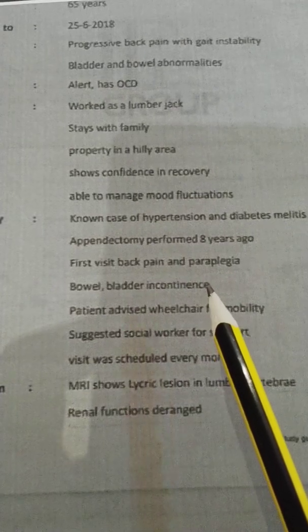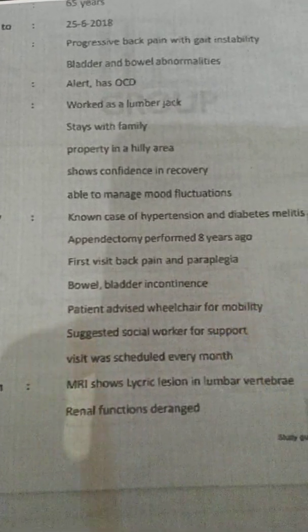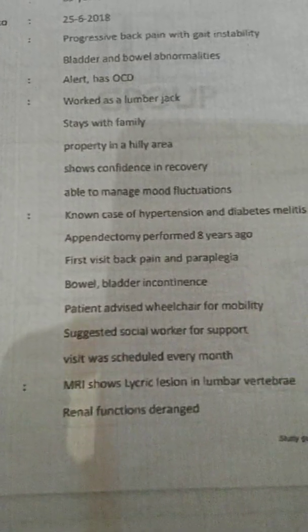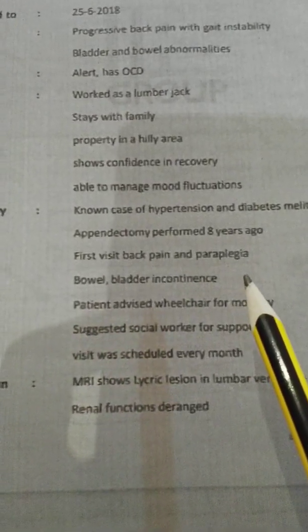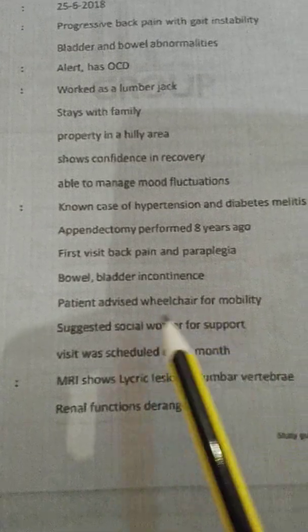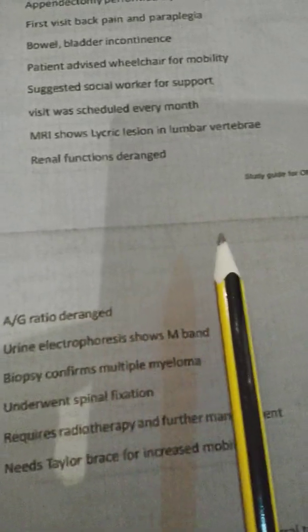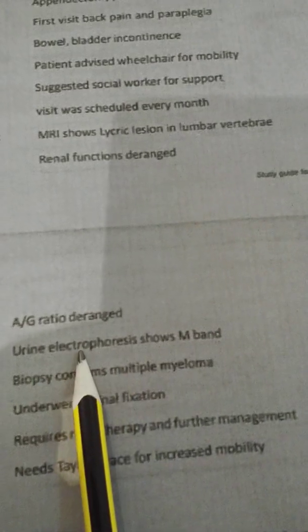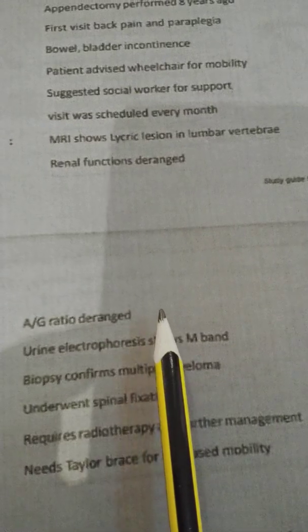So we can write, today Mr. Johnson's. So Johnson's means apostrophe S. Pain has worsened with gait instability. So his diagnostic evaluations revealed, so no need to mention one by one in the investigation. So we can write diagnostic evaluations revealed M band in urine electrophoresis and lytic lesion in the lumbar vertebrae.